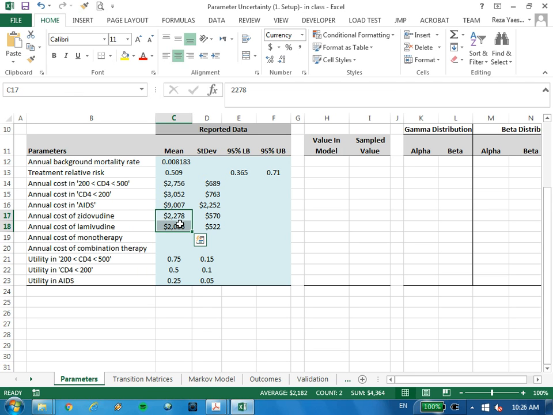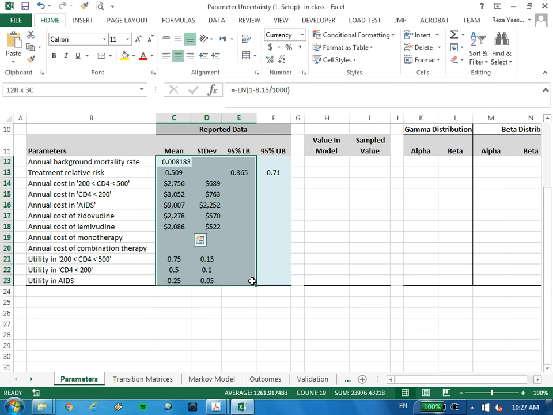Yeah, we will do it later, so I will explain. So this part is just what we know from the literature, for example, or from our data. This is what our data is telling us, and then based on this we calculate the cost of monotherapy. Because the cost of monotherapy depends on the cost of the first drug, and the combination is the sum of these two drugs. So we'll see in a minute. Oh. Okay.